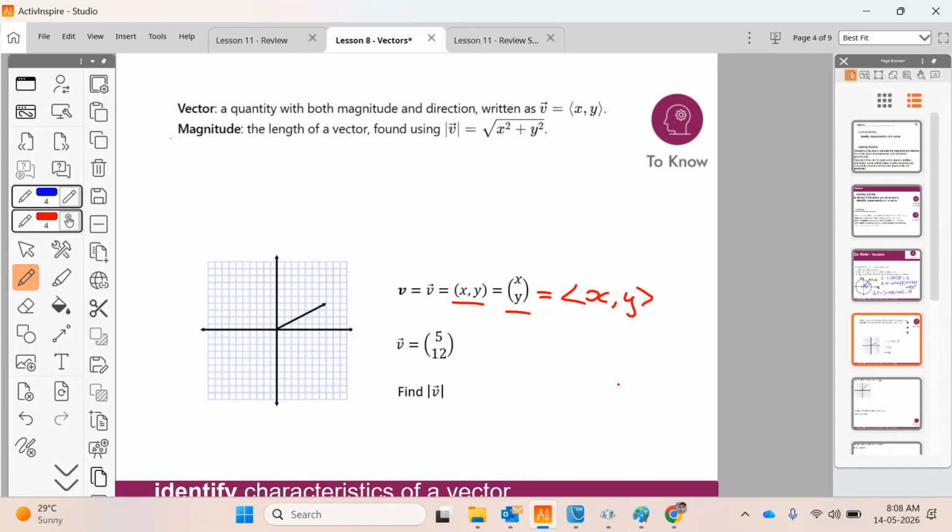So we're showing here an example of a vector. This is the vector v. The vector v is 5, 12. I don't think this one is 5, 12. 1, 2, 3, 4. Yeah. So what's shown here is not the vector v.